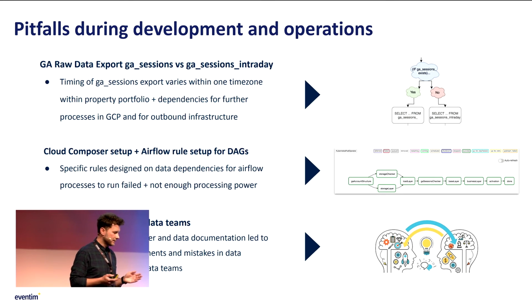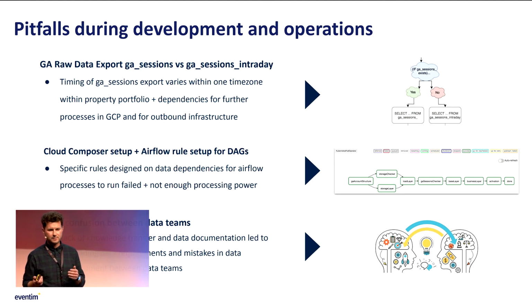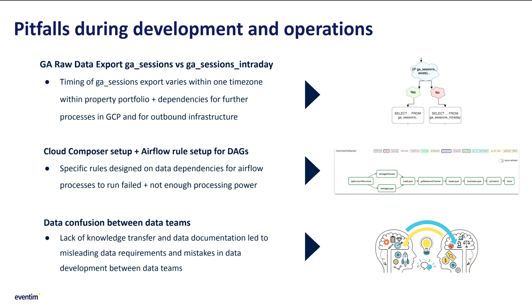Another thing we had is always data confusion between data teams. This is what I explained to you about the data warehouse teams on the external side and the teams which are using more behavioral data, so transactional behavioral data. People are people, I would say. Do some more knowledge transfer. Do proper documentation, explain to people what you do, why you're doing it, how the data could connect together, what kind of added value it brings to the use case, and so on.